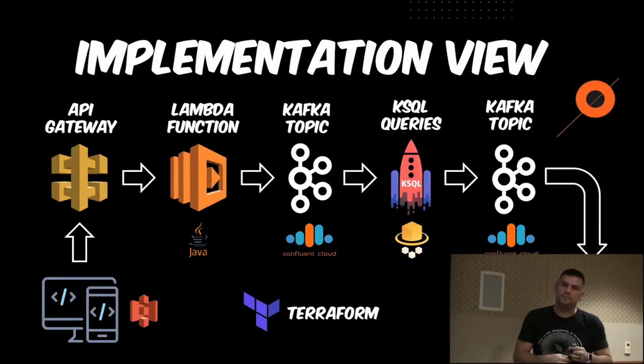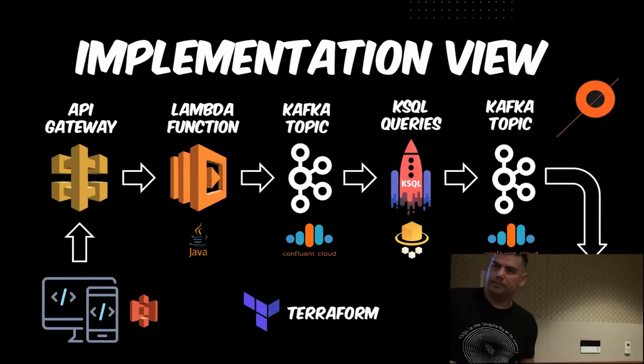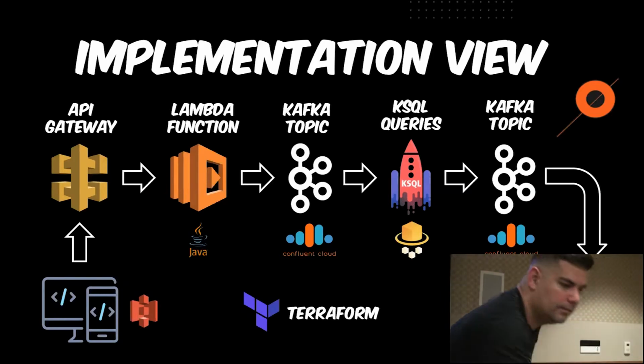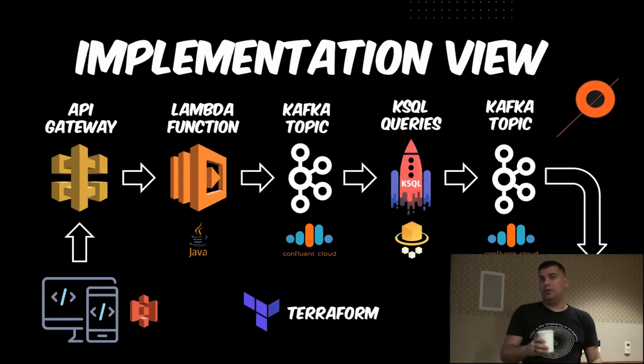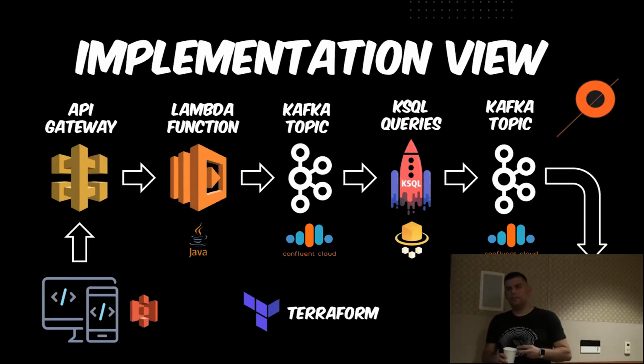Can you remove KSQL from this implementation here? You could. You would still be able to do what you want to do, but with some performance expectations. I would have to use Kafka Streams, but yes, I could remove it.